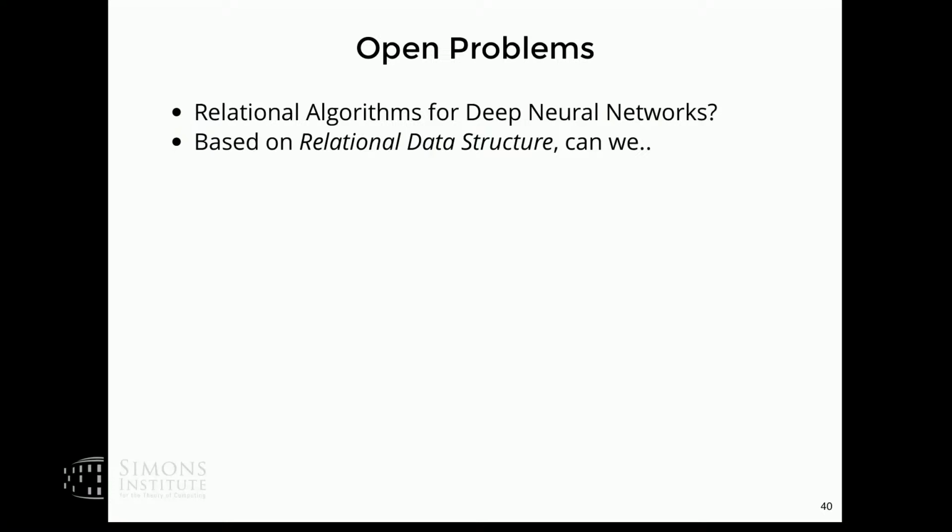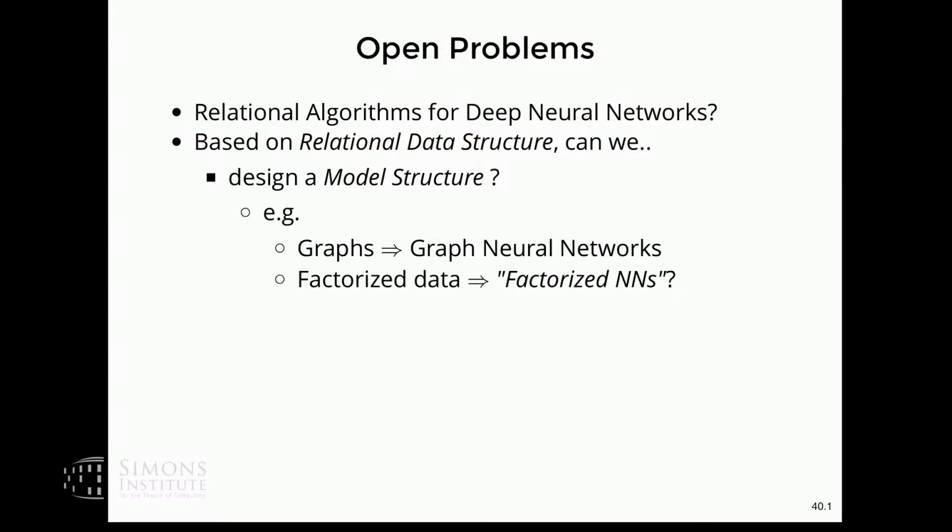And the most natural open problem is to see how potentially we can support deep architectures, like deep neural networks. In particular, based on relational data, we can think of designing a specific model structure that is tailored for the relational data structure that we have.